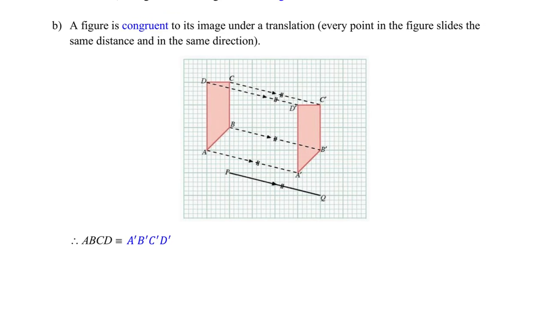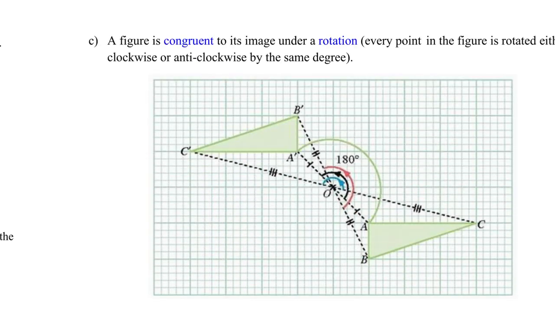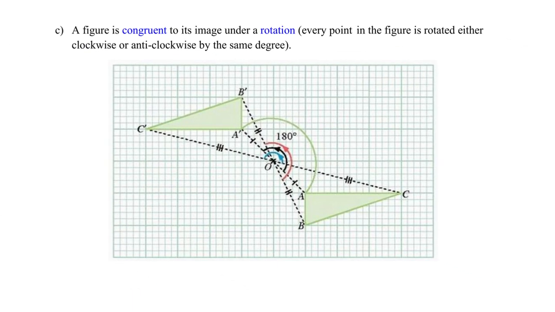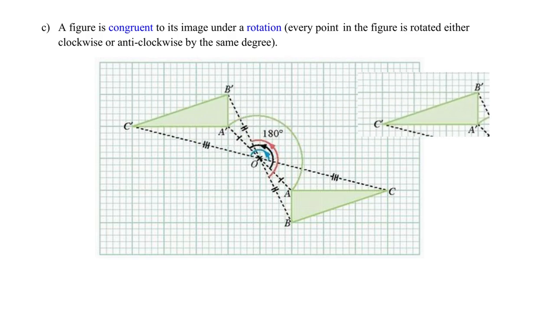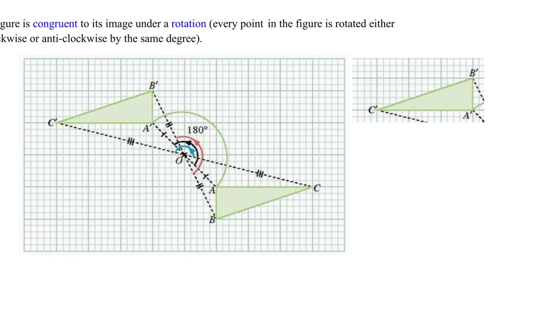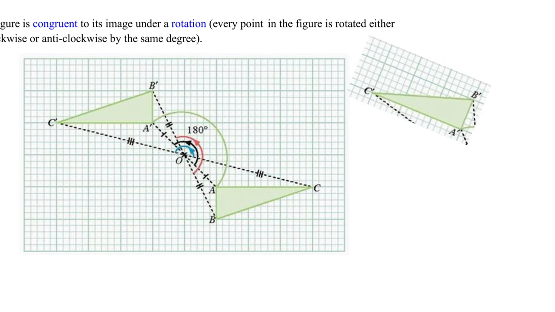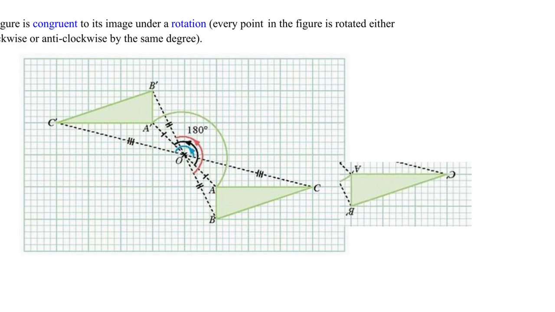And lastly, in a rotation, this is one way we are looking at it. When we rotate it across 180 degrees, in case you cannot see that it is a rotation, I'm going to just cut out this particular figure and rotate it 180 degrees to look like this.